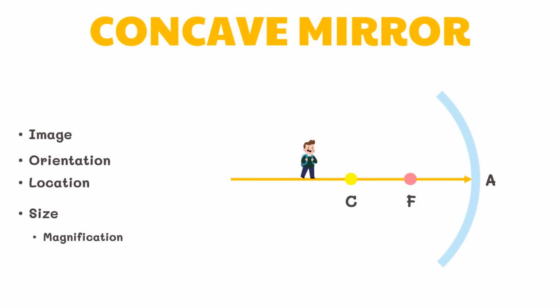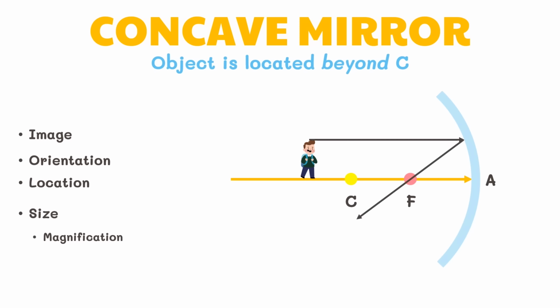When the object is located at a location beyond the center of curvature, the image will always be located somewhere in between the center of curvature and the focal point. Regardless of exactly where the object is located, the image will be located in the specified region. In this case, the image will be an inverted image and is reduced in size.